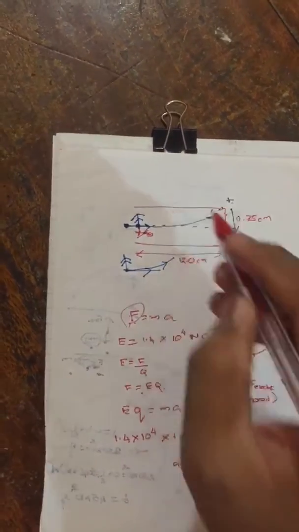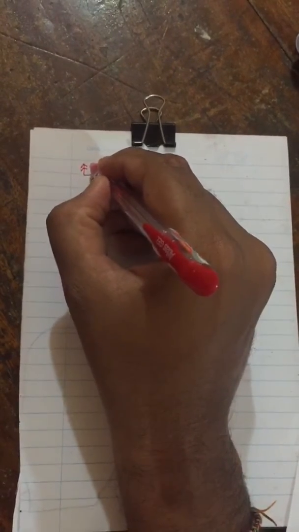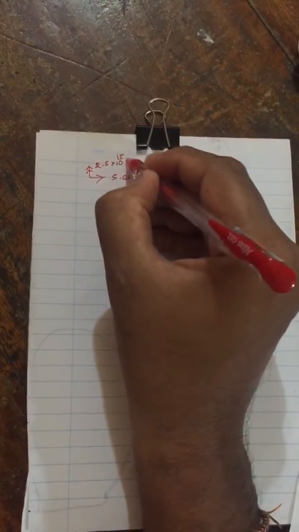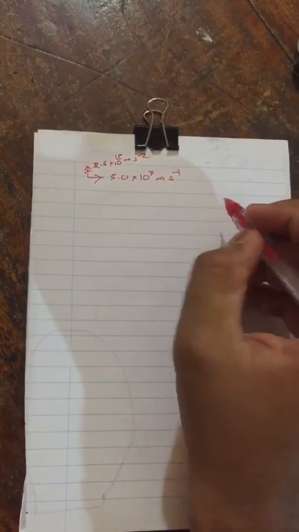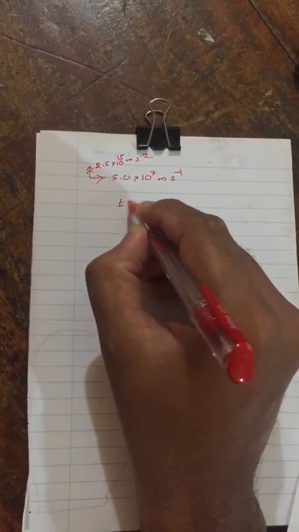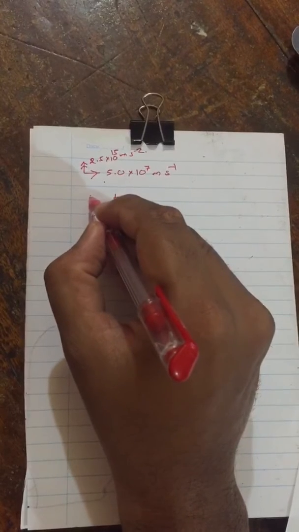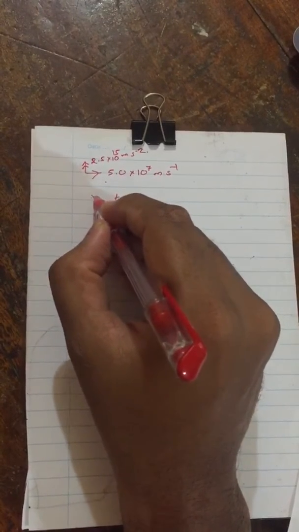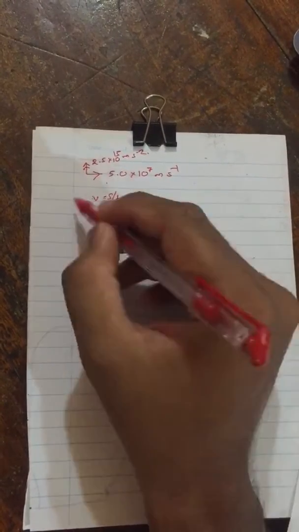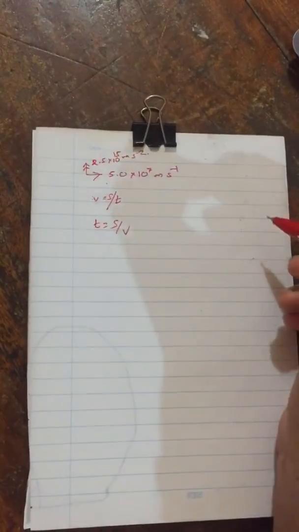So there is an acceleration. This object is coming with the horizontal velocity. It has a certain acceleration upward, which we calculated to be 2.5 times 10 to the power 15 meters per second squared. But the question is to find the time taken to travel the horizontal distance. Horizontally, it is a constant velocity, so you can simply find that speed is equal to distance divided by time, and from that, using that equation, you can find the time taken.